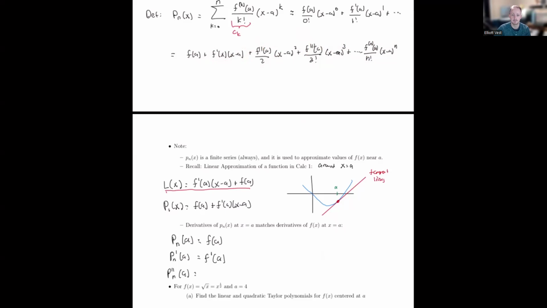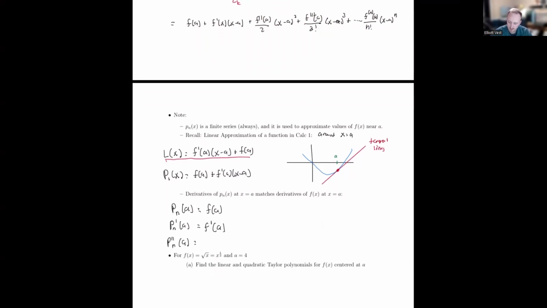I fixed it in the video though. This term is only going to be the thing remaining when you take the second derivative and plug in a, which means I'll have f double prime of a. This was the same for the triple prime as well, all the way up to the nth derivative of Pn is equal to the nth derivative of f at a.